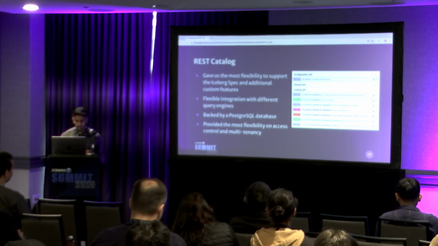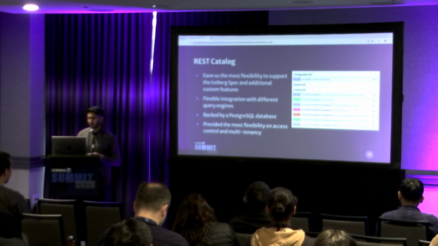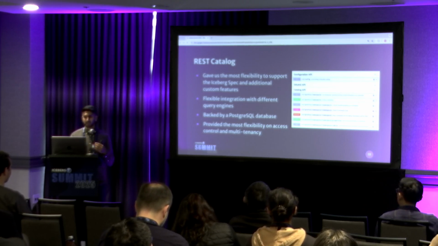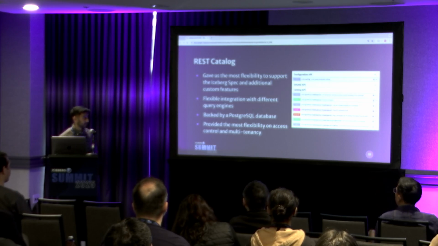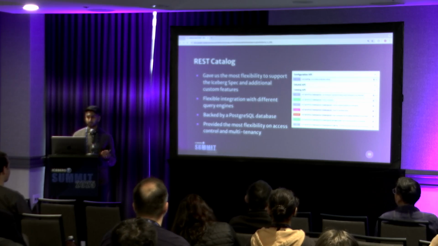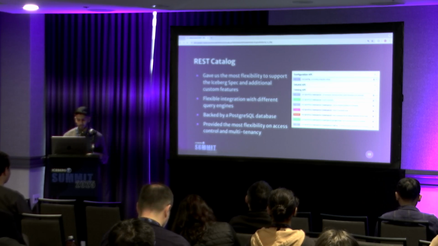Our catalog implements much of the open API spec, and we also have some custom endpoints used by our platform internals. One of the things we really enjoyed with the REST catalog is it gave a lot of flexible integration with different query engines. Our platform uses Spark, Trino, and Python, but we also did not want to be super opinionated, as there are other query engines that people are always looking to use, and we wanted to make sure we had a ton of flexibility there.